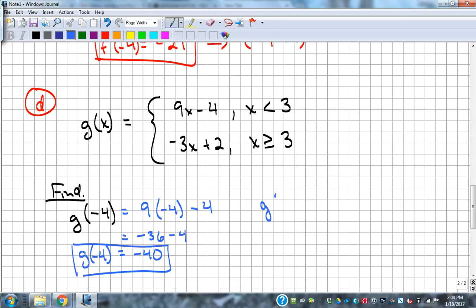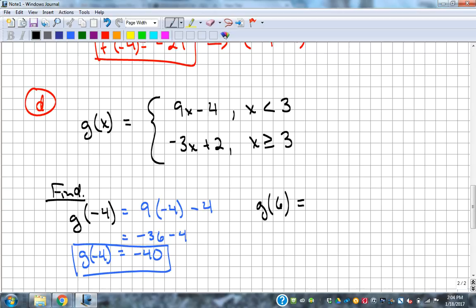What if I ask you to find, same problem, not going to write another function here, g of 6. Where do we plug the 6 in? Why the bottom? Yeah, because 6 is greater than 3. So we're going to plug that into this and work it out to get our y value.